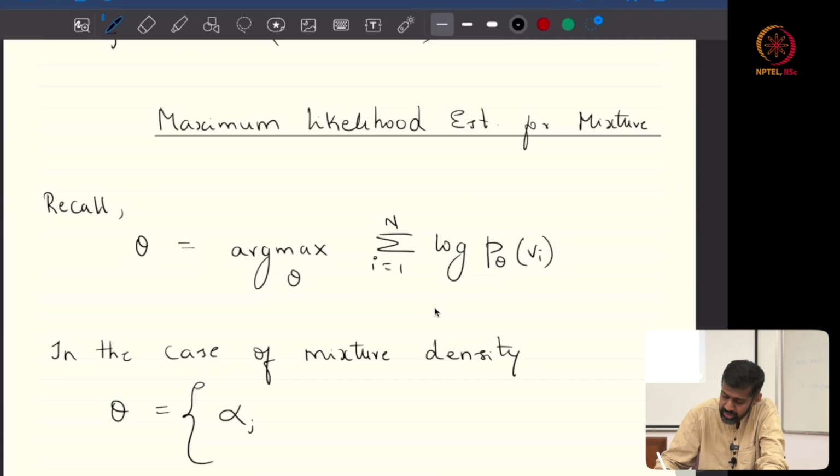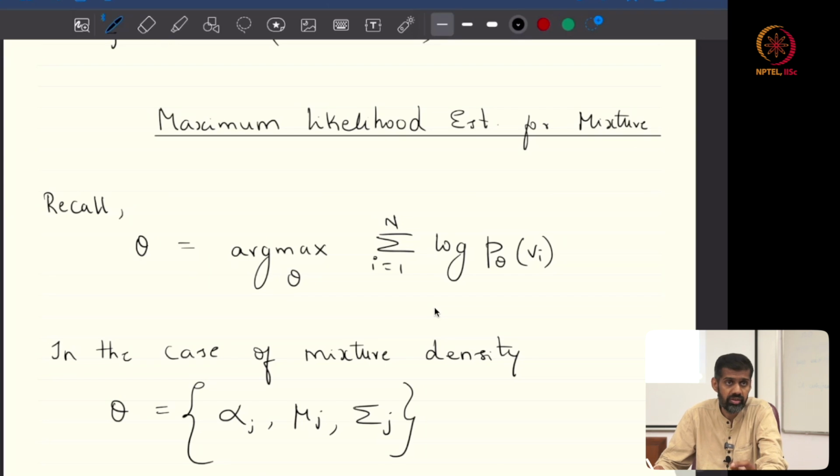So there are alpha j's, and we have mu j's and sigma j's. These are the set of parameters that we need to estimate, for j from 1 through M. For each Gaussian we have the corresponding means and variances, and we have these alphas, which are also model parameters that we would estimate.